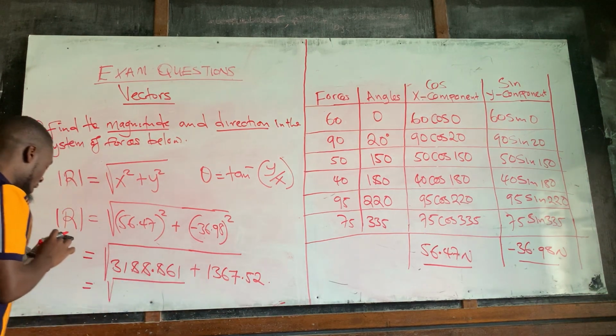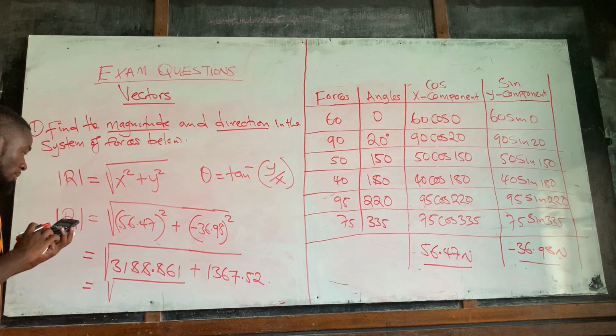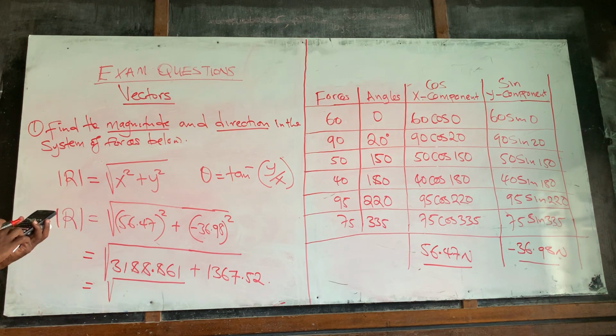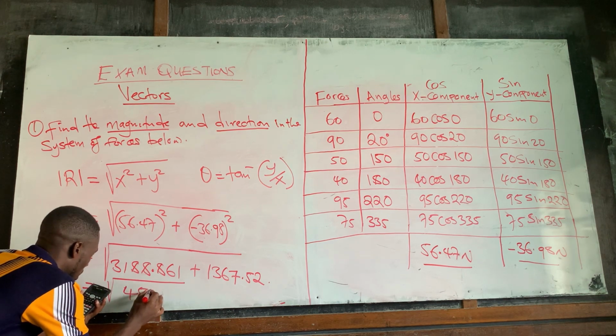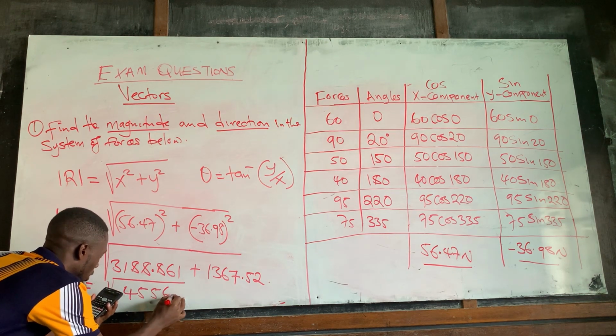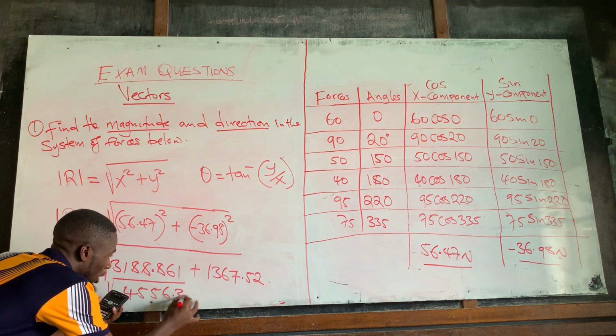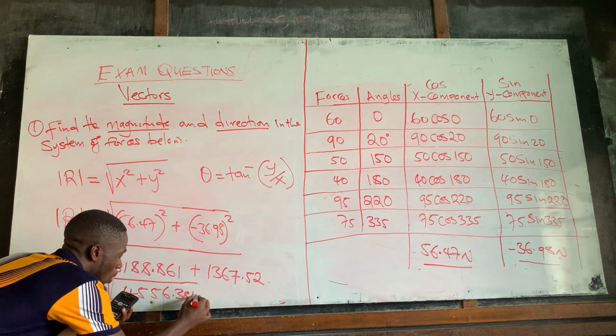Okay, let's add the answers there: 3188.861 plus 1367.52. So the answer here is 4556.3814.